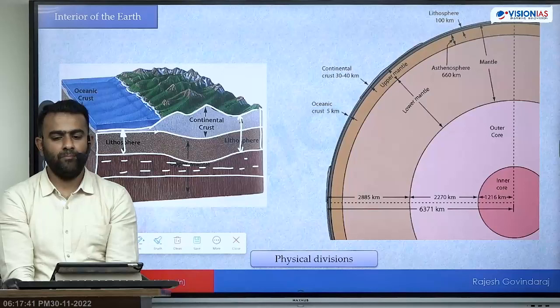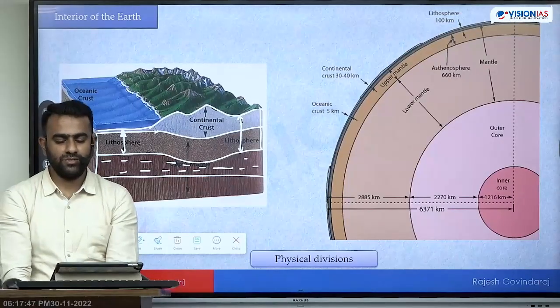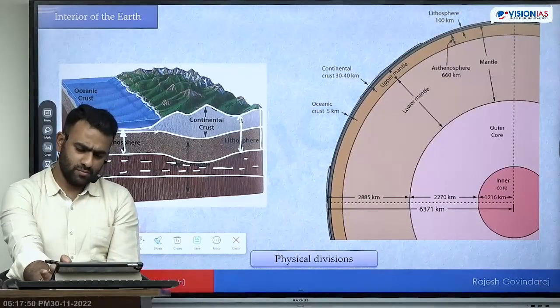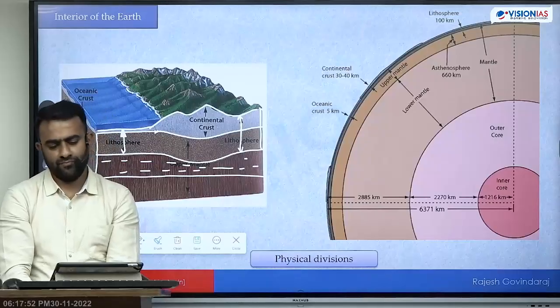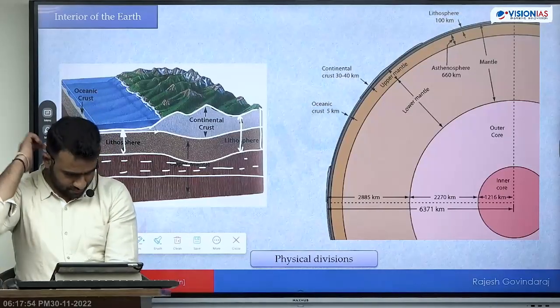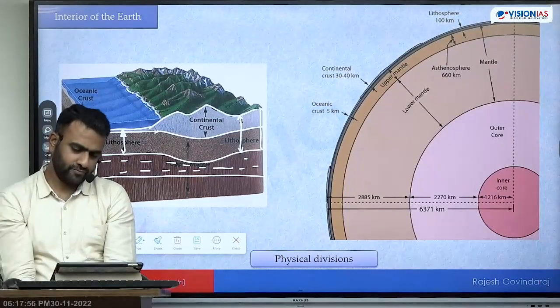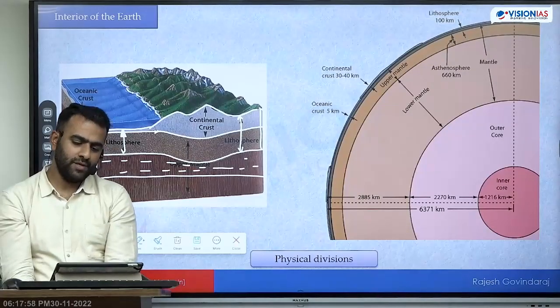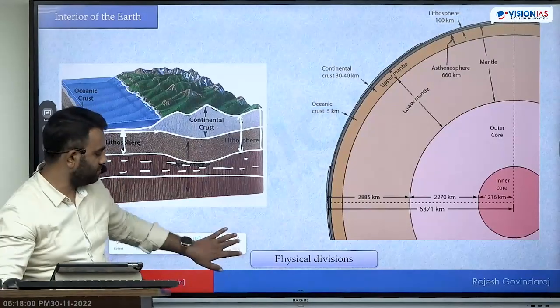Fourth, barysphere. Barysphere includes both the outer and inner core.